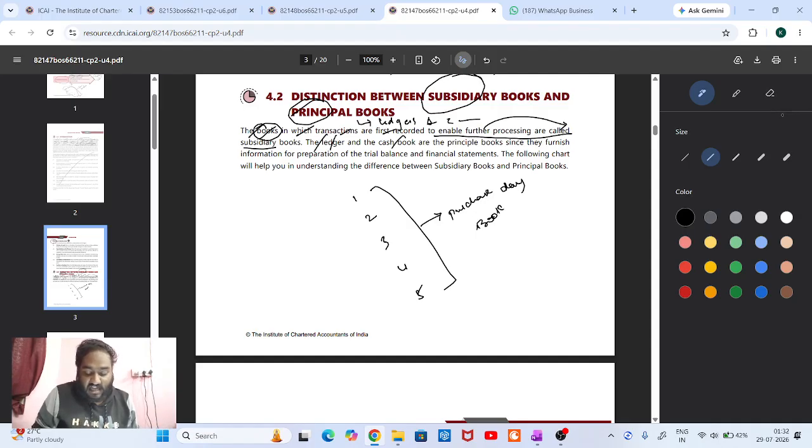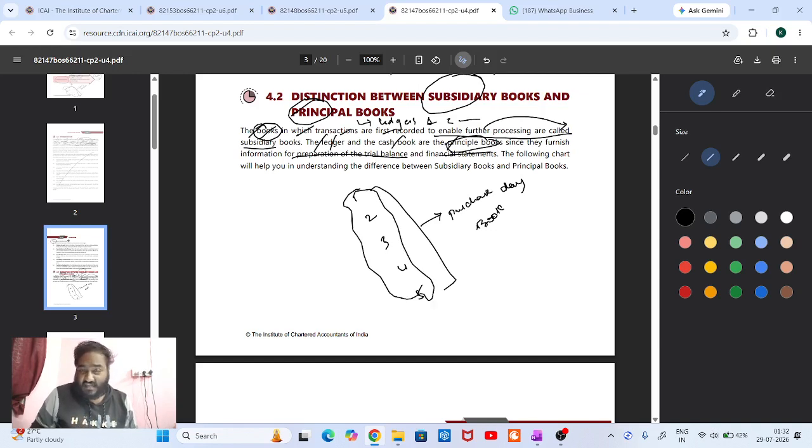The ledger and the cash book are principal books since they furnish information for preparation of the trial balance and financial statements. Do you think investors are really keen about how many times I sold goods to you?